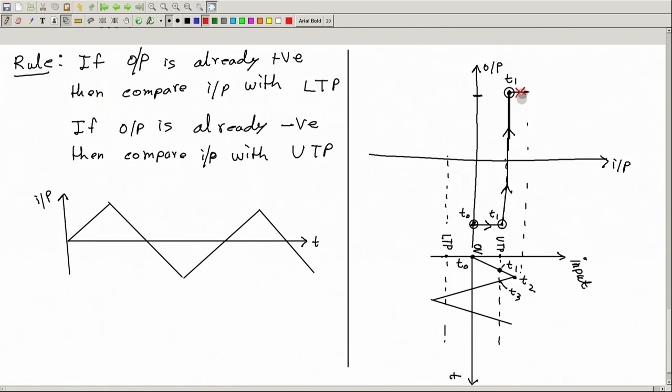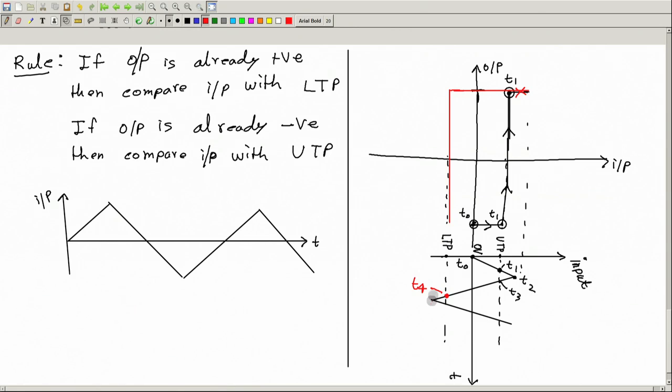Now I will move like this, and the input will come to this point, call this t4. At t4, when the input goes below the lower trigger point, the output will become negative again.